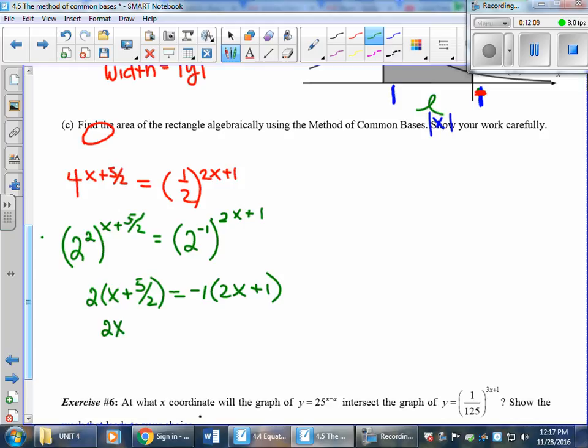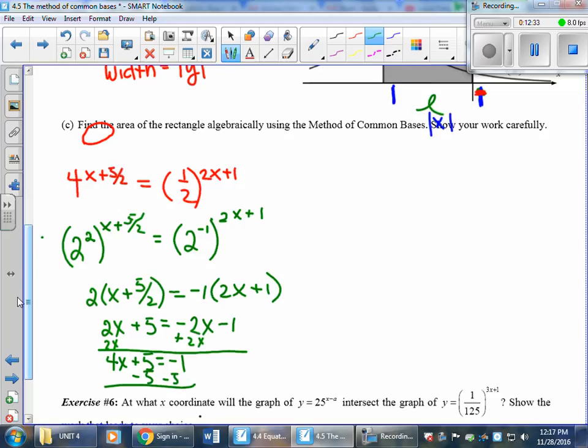When we distribute that 2, this becomes 2x plus 5 is equal to negative 2x minus 1. We're going to bring this over to this side, and we get 4x, so add 2x. 4x plus 5 is equal to negative 1, minus 5 from both sides.